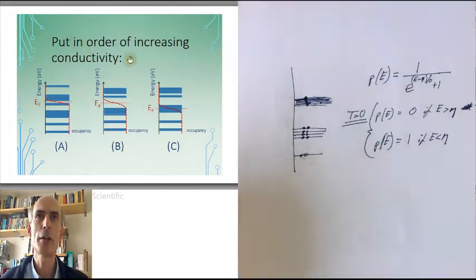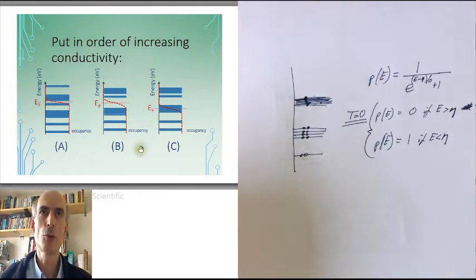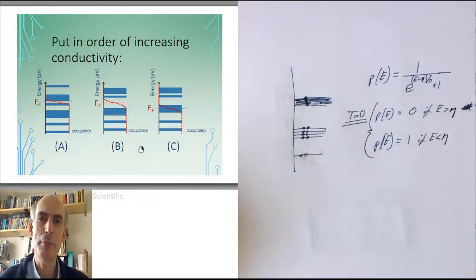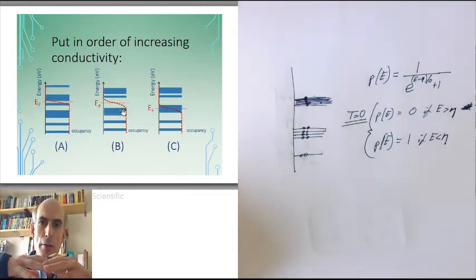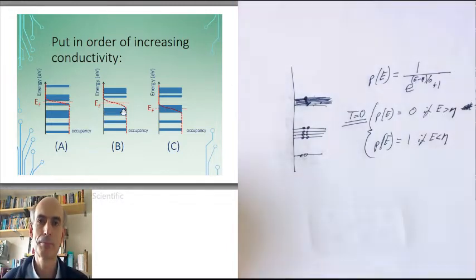You may have noticed the title of this slide, Put in Order of Increasing Conductivity, because we can use these diagrams to predict whether these materials are going to be able to conduct electricity or not. B, for example. Well, B has a lot of states down here which are completely full. And if all of the states are full, then electrons cannot move because they've got nowhere to move to.